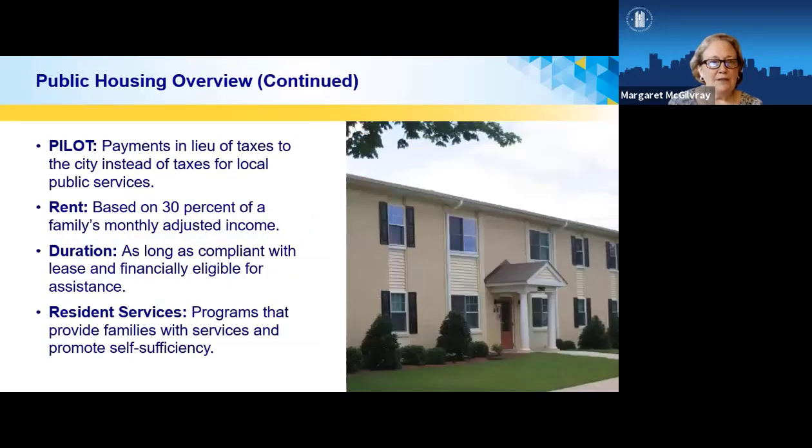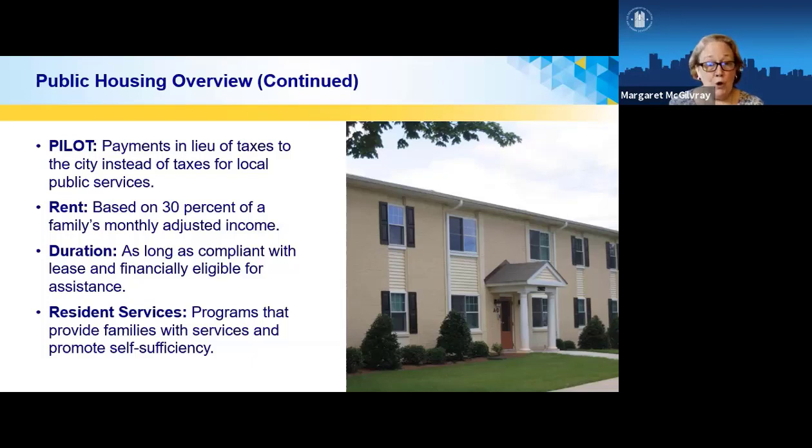What is public housing? As noted before, it was established to provide decent, safe, and sanitary rental housing for low-income families, the elderly, and persons with disabilities. It comes in all kinds of shapes and sizes, from scattered site single-family houses to high-rise apartments, and looks and feels different in different communities.